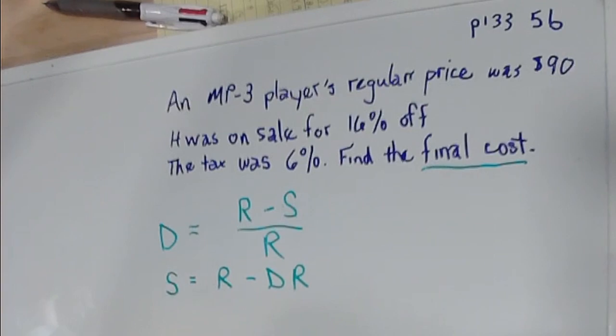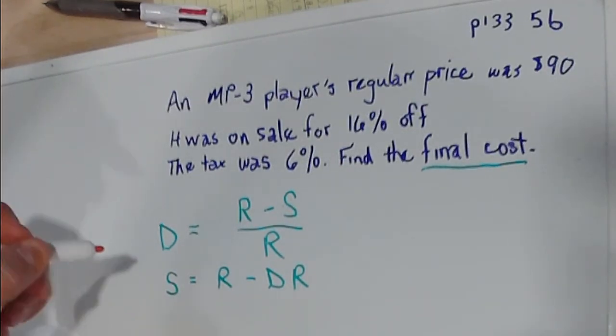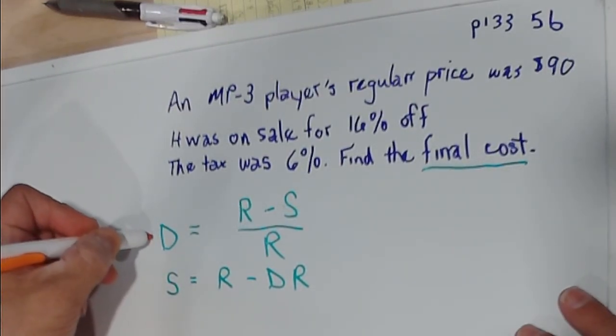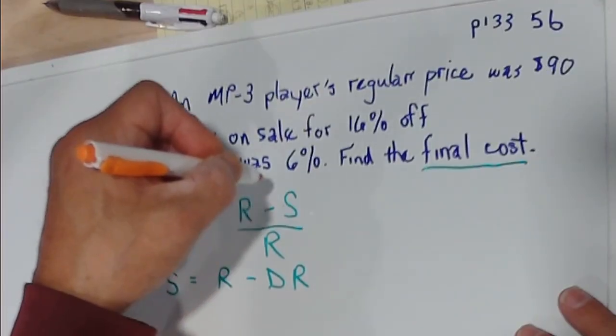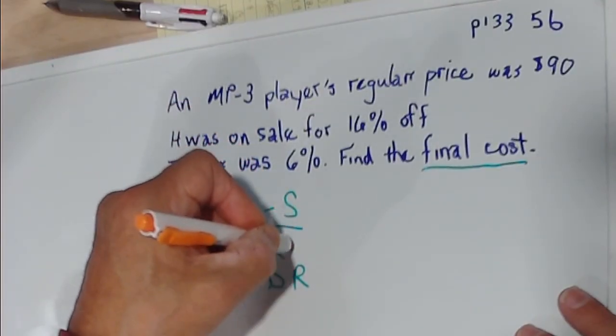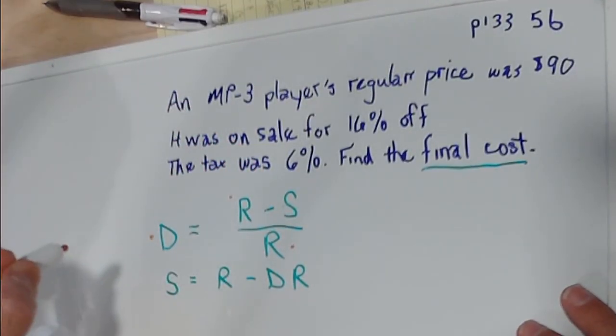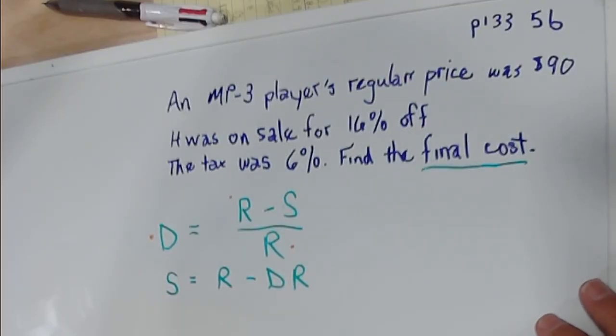Before, when we were talking about discounts, we figured out what the discount was by taking the regular price minus the sales price, divided by the regular price. This is a little bit different, but it's basically the same kind of concept.